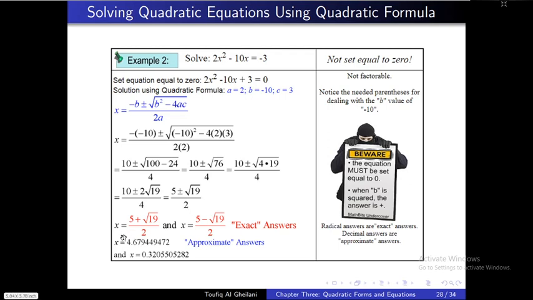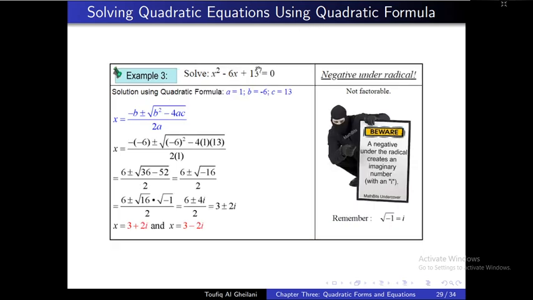So the two values will be x equals 5 plus square root of 19 divided by 2, and x equals 5 minus square root of 19 over 2. Exact answer. And we notice we cannot factorize this equation, so we should use the quadratic formula.